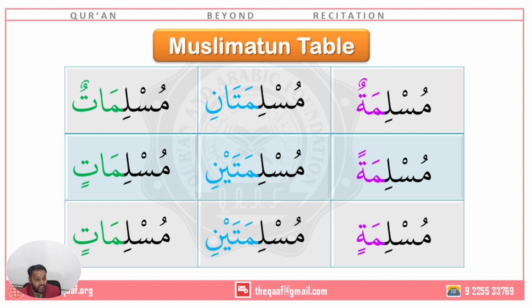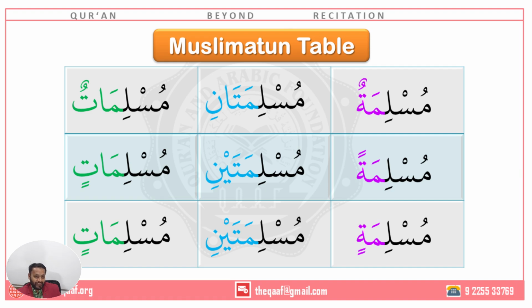Muslimatin is Jar, singular, female. As I told you, the word tells you the gender. So this word is telling me the gender is feminine, Muslimatun. So the next word in the table was Muslimani. Now you have to keep the ani at the end, and after the letter meem, you have to add a ta. So it becomes what? Muslimatani.